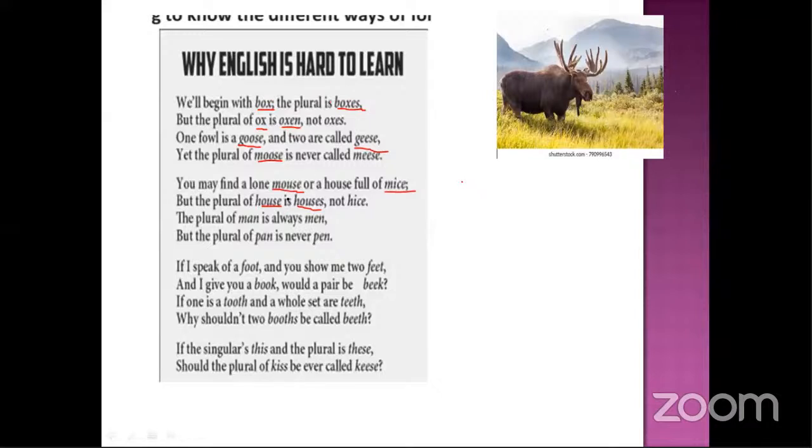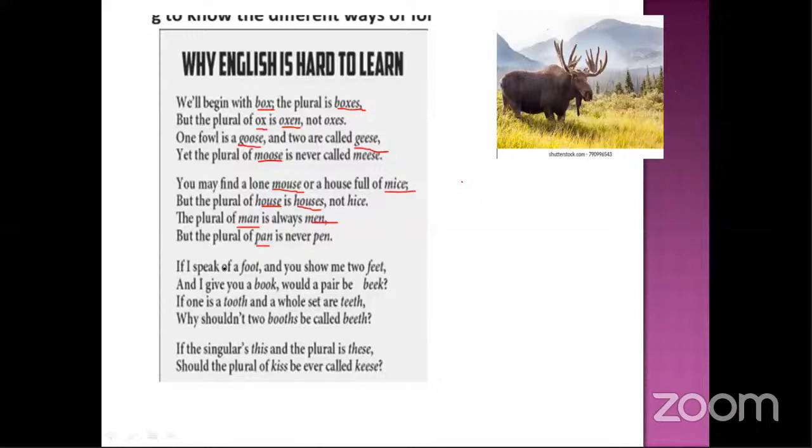Underline the singular nouns and plural nouns like this. So the plural of man is always men, but the plural of pen is never pen. What is the plural of pen? Pens.